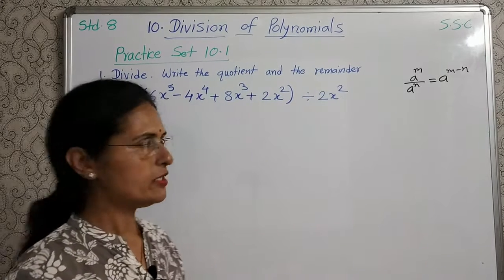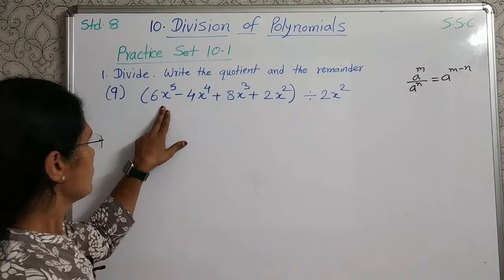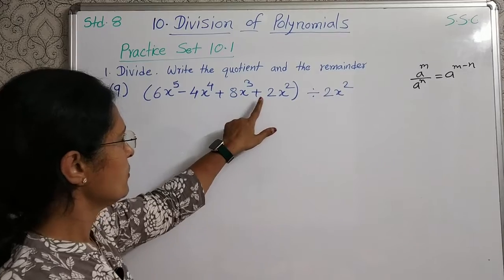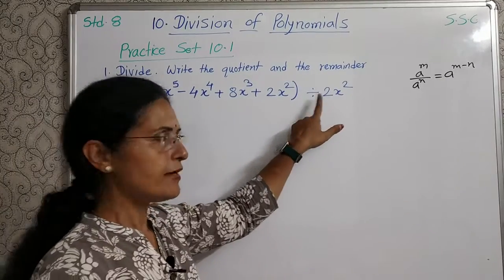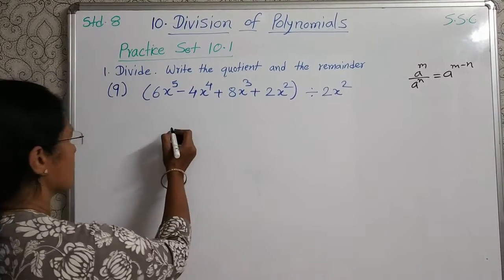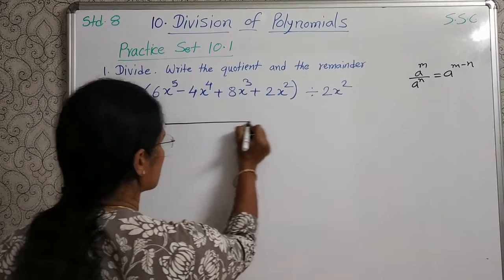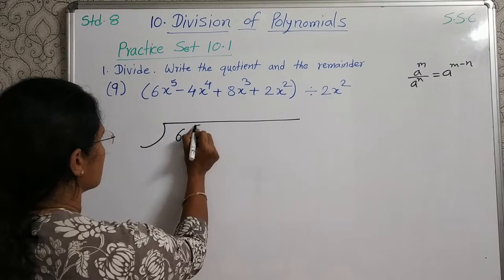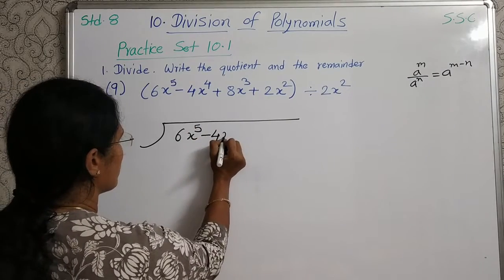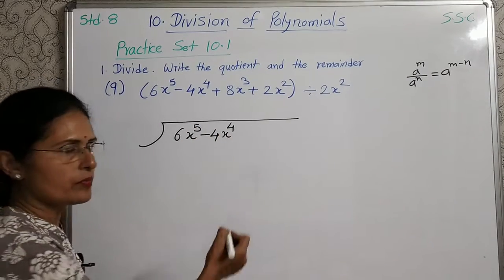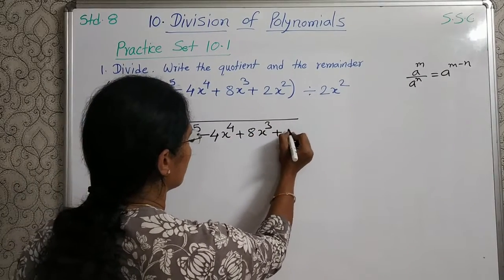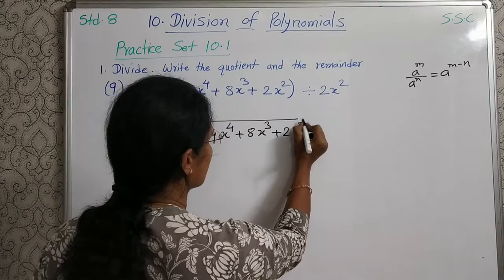Next, sum number 9. 6x raised to 5 minus 4x raised to 4 plus 8x cube plus 2x square divided by 2x square. So let us write here 6x raised to 5 minus 4x raised to 4 plus 8x cube plus 2x square.